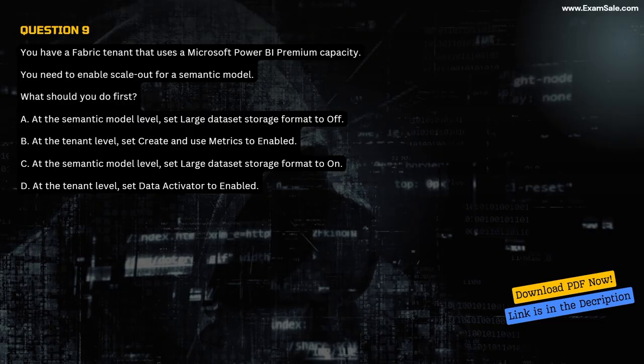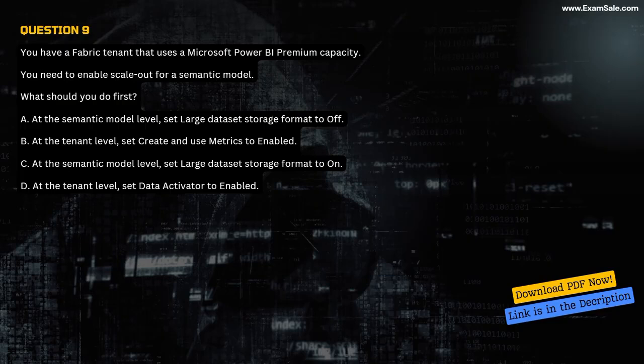You need to enable scale-out for a semantic model. What should you do first? A. At the semantic model level, set large dataset storage format to off. B. At the tenant level, set create and use metrics to enabled. C. At the semantic model level, set large dataset storage format to on.